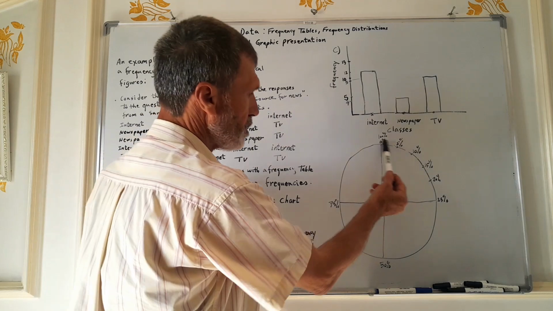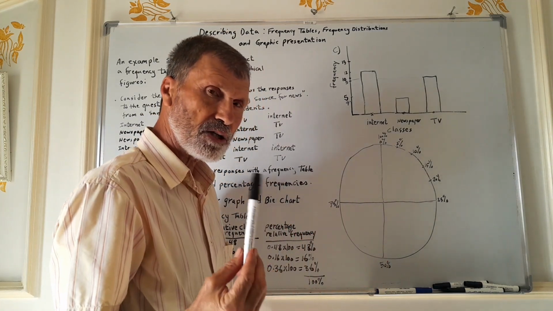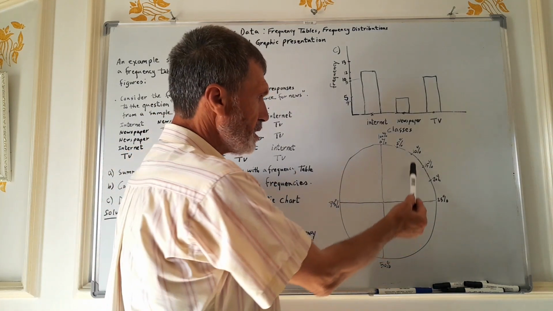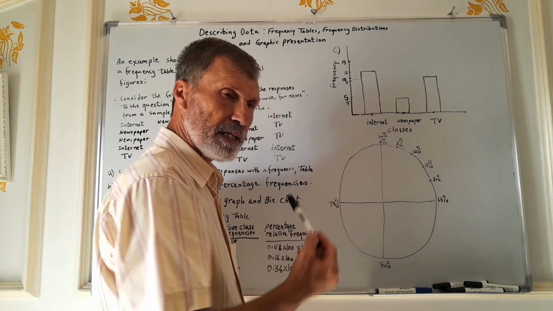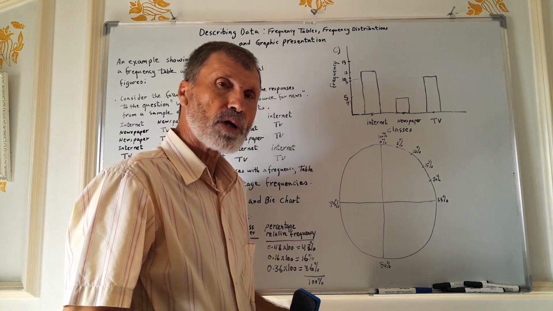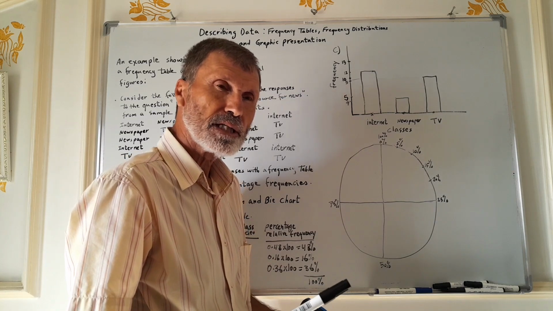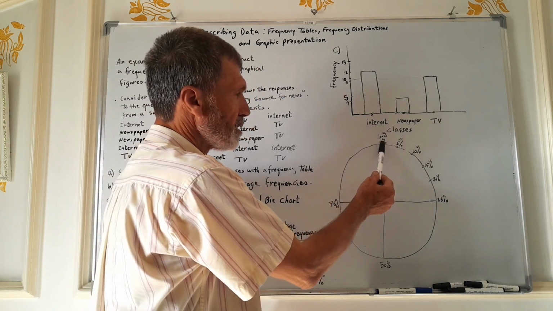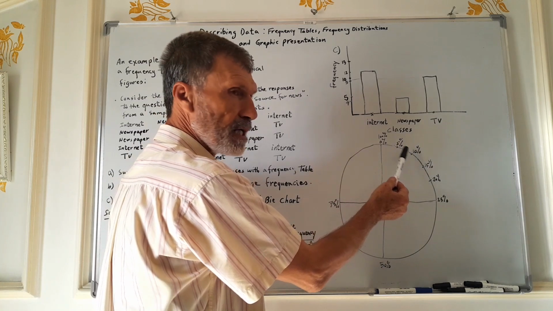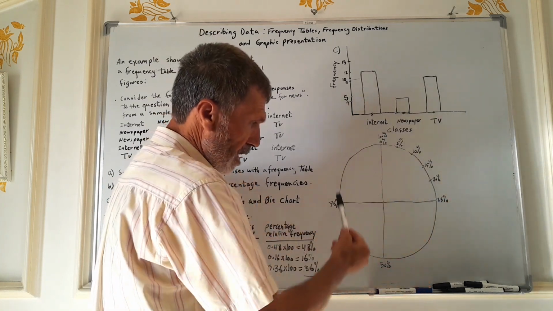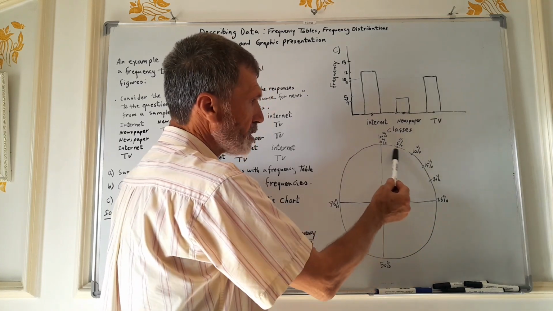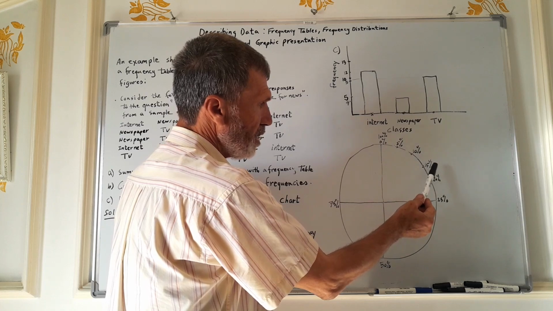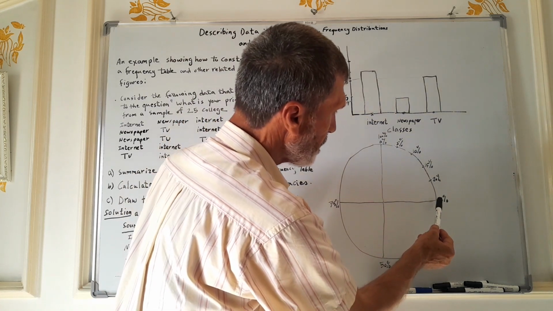Okay, this is a pie chart. The very first step is to draw a circle. Then the next step is to record the percentages 0%, 5%, 10%, and so on, evenly around the circumference of the circle. So we could just write 0, 5, 10, 15, 20, 25%.